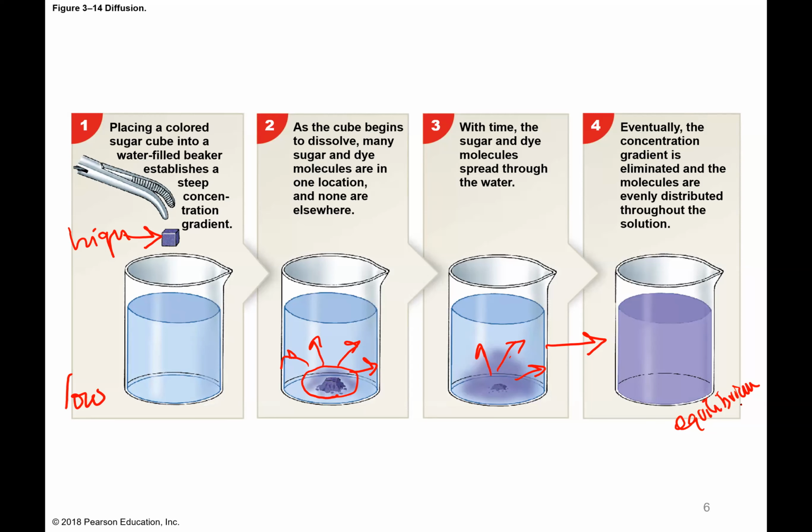And those molecules are now evenly distributed throughout the solution. So left to its own devices, when we're talking about diffusion, you have substances that move from a high concentration down to a low concentration, and left unchecked will eventually reach equilibrium, where they're equally spread out within the space that they are in. So in this example, within the beaker.